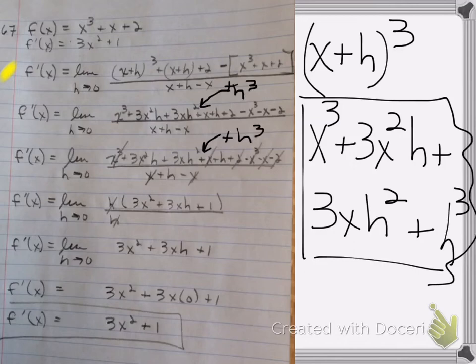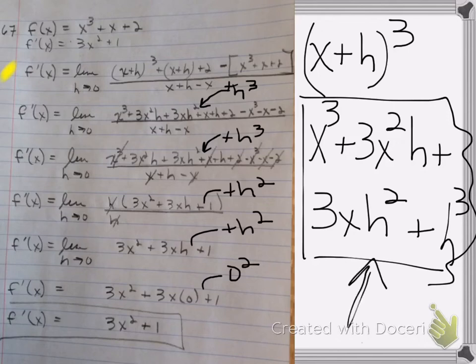And that means that over here, I would have a plus h squared, and then over here I would have my plus h squared still. So then here I would have 0 squared. Sorry for those little mistakes, but see, by doing this off to the side, I've found it.